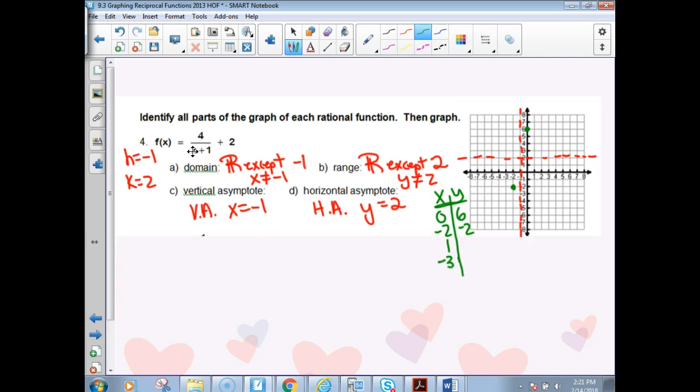If I plug in 1, I'll have 4 divided by 2, which is 2, and 2 plus 2 is 4. So 1, 4 is a point. Oops, kind of made that a little bit big. Oh, well. And if I put in negative 3, I will have 4 divided by negative 2, and that's negative 2. So negative 2 plus 2 will be 0.